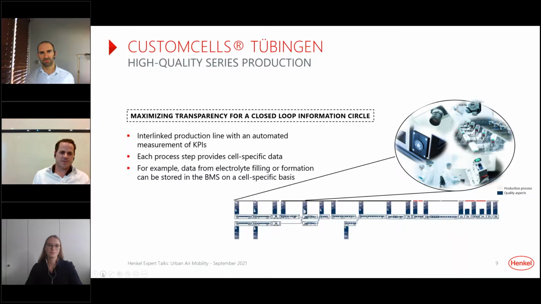We are measuring KPIs, and we combine these KPIs and bring them into the BMS on one hand, but also use them in our production to recalibrate critical processes, which in an ordinary and traditional manufacturing environment are not under control. And that's how we are trying to get better with the yield. A typical world-scale series production has a loss of products of around 30 to 40% in the production. And this we want to change.